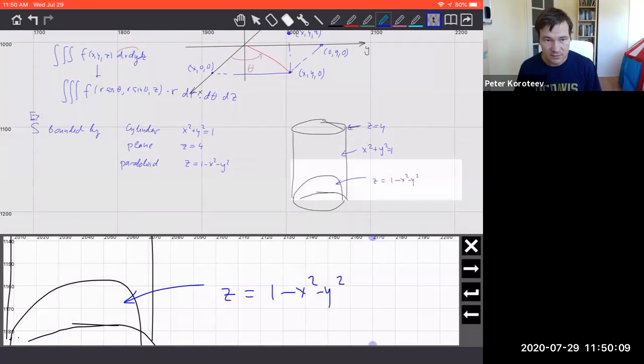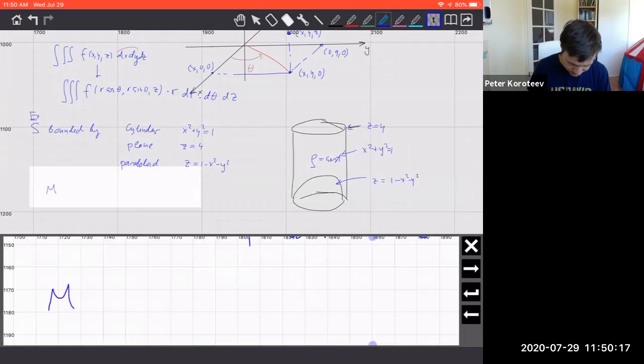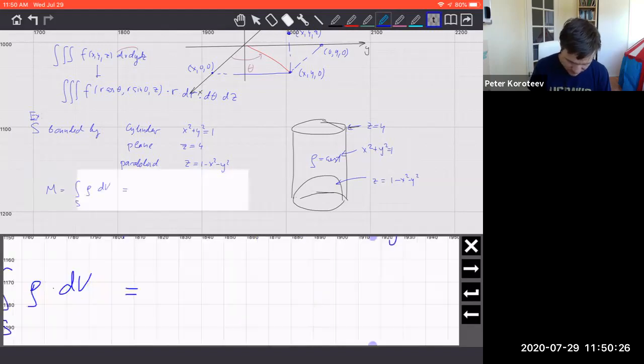And let's just integrate the constant function, right? So say there's density rho, which is constant. So we want to find the mass of this thing. So mass will be this triple integral over S of function rho d volume, right? So rho is a constant, we can take it out.